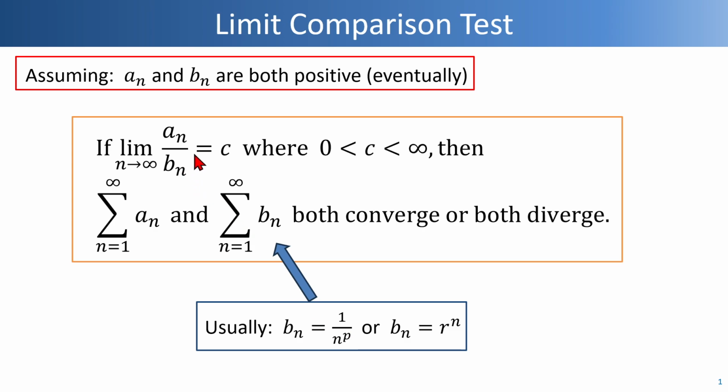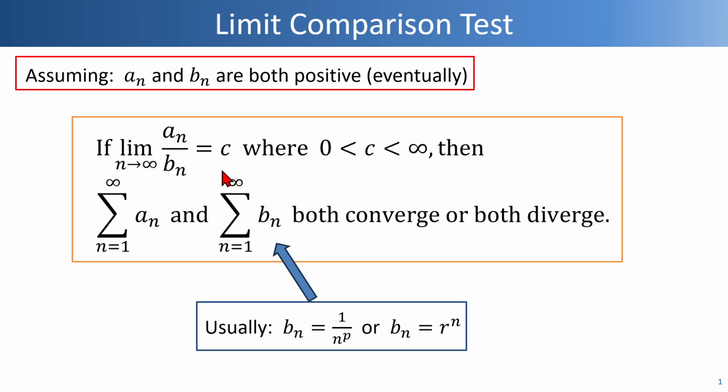And if we had taken a ratio with an over bn, calculated this limit, and got a non-zero number, then that means that the series an has terms that are decreasing about as quickly as the bn's. And so they're both going to converge in that case.